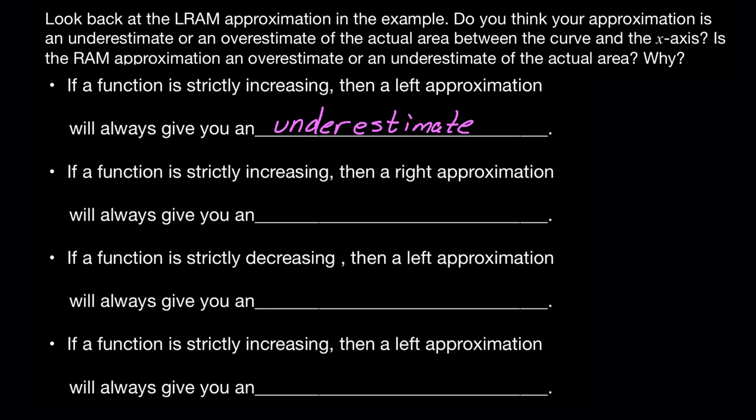If a function is strictly increasing, then a right approximation will always give you an overestimate or over approximation. If a function is strictly decreasing, then a left approximation will always give you an overestimate.